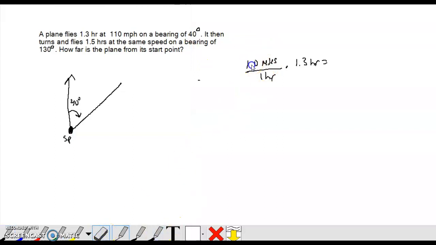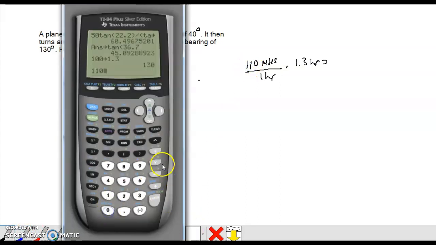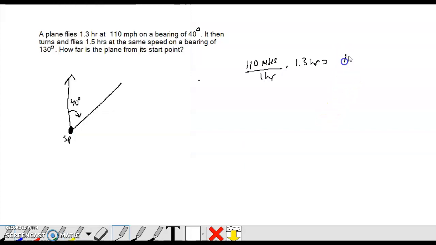Sorry, that was wrong. So let's change that to 110. That's going to give us a different answer. 110 times 1.3, and we're going to travel for 143 miles. So I'm going to put that in red right here. So 143.